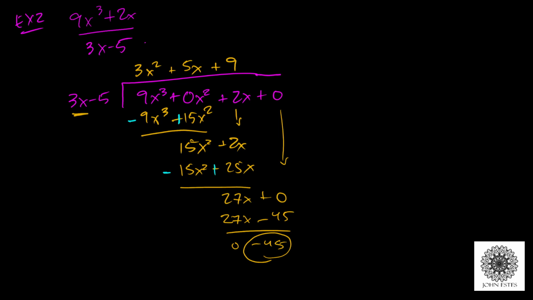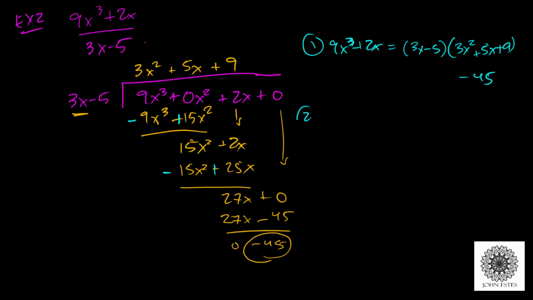Okay, now this means a couple of things. So let me show you two different ways you can write this answer. I can write 9x cubed plus 2x as 3x minus 5 times 3x squared plus 5x plus 9, minus 45. That's the first way. The other way I could write it, or the same expression, is divide everything by 3x minus 5. So we were actually asked to find that value.